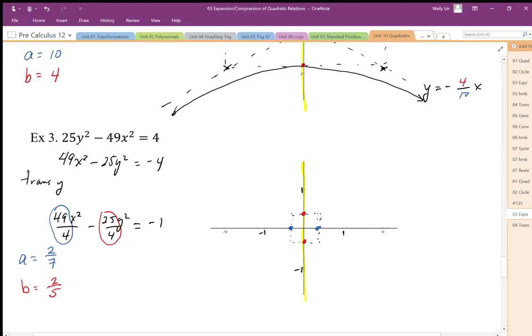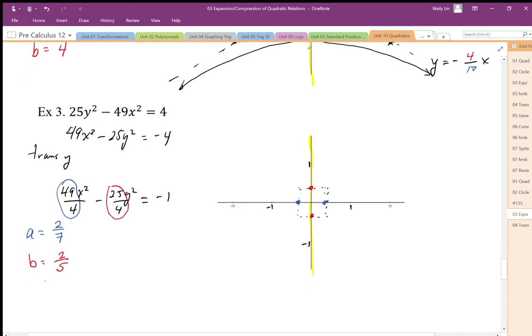Now I know the ratio of my slope. So my slope is going to be rise over run. So it's going to be 2/5 compared to 2/7. Now if you simplify this ratio, the 2's cancel. We have 5 in the denominator. Denominator is numerator. So that's my slope.